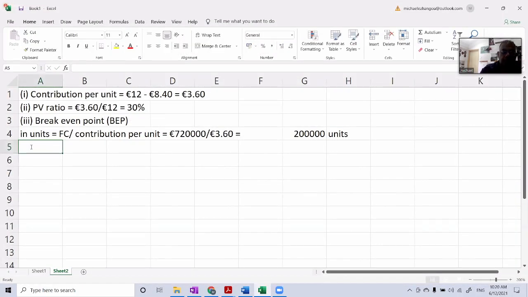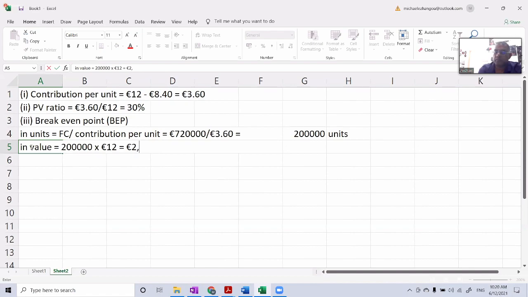Then in value, well, just take 200,000 times the selling price of 12. That would be 2.4 million euro. €2.4 million, right?